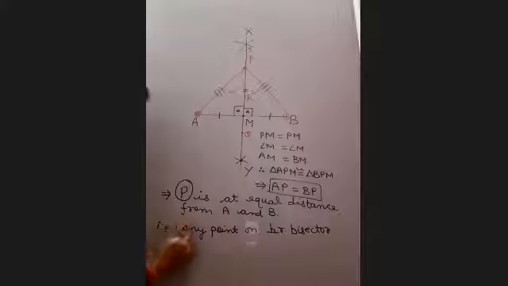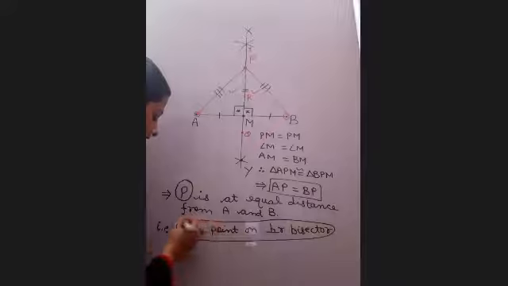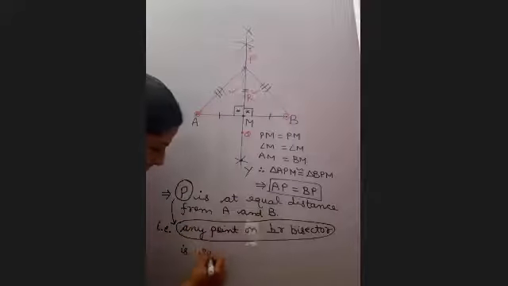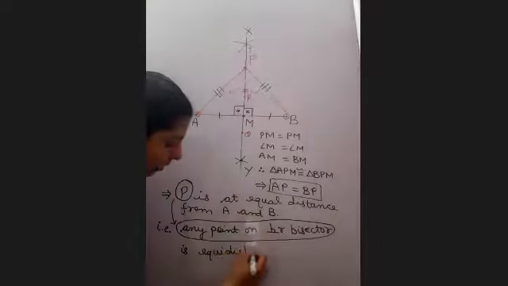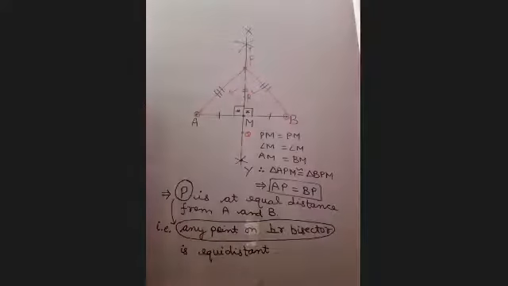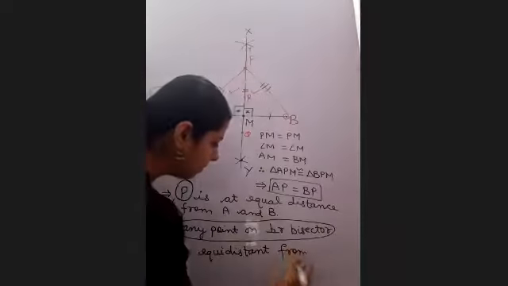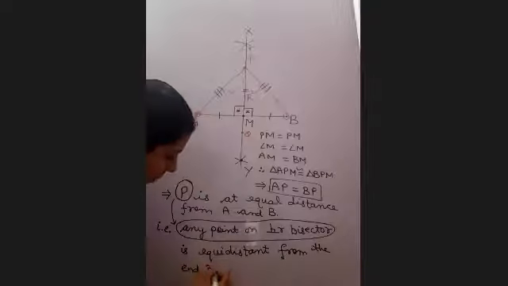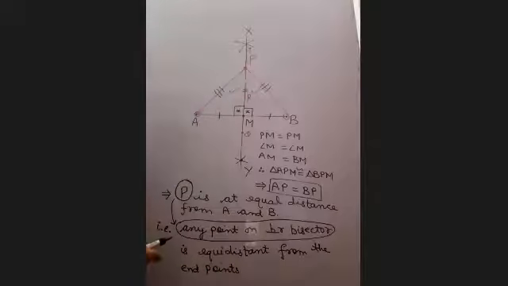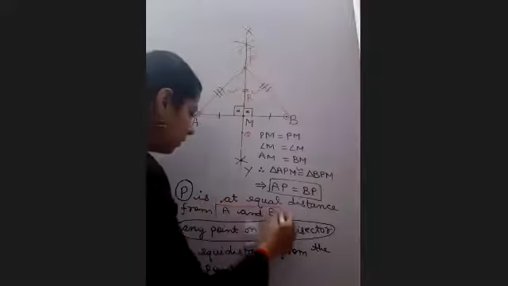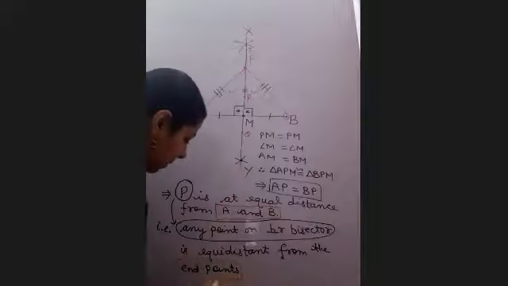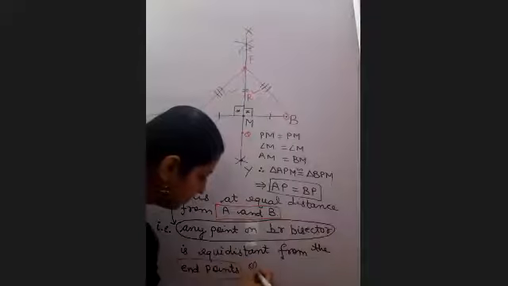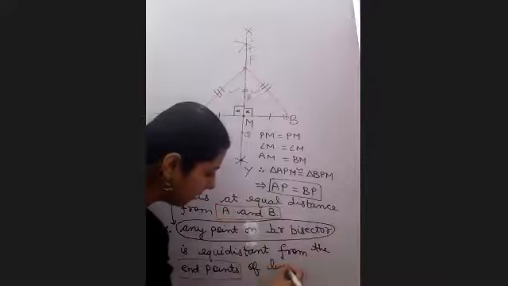Any point on the perpendicular bisector is equidistant, which means at equal distance, from the end points. What are A and B? Are they end points? Yes. Whose end points are these? Of line segment AB.